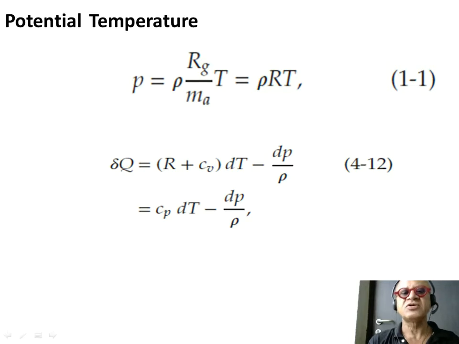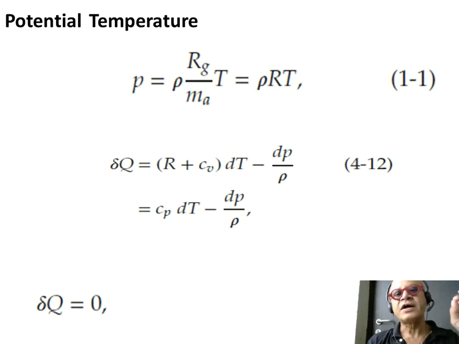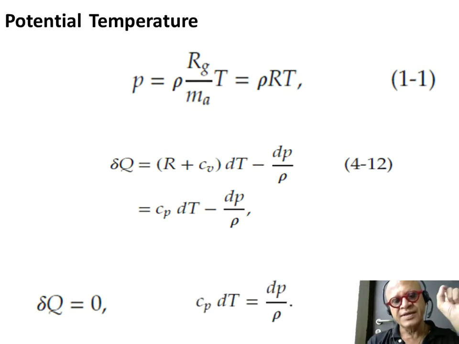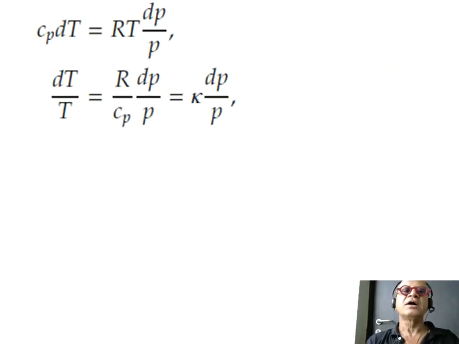We did this already from the Clausius equation before, so you can look it up again. When we move a parcel adiabatically, it doesn't gain or lose heat, so the change in Q is 0. That gives us Cp dT equals dP over rho, which we already saw once. We'll do this again just to get our definition of the potential temperature.